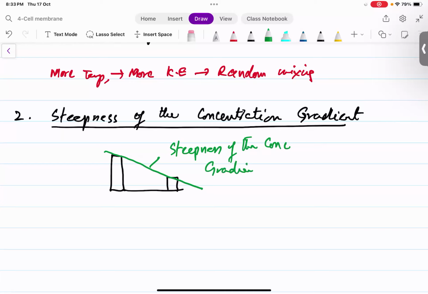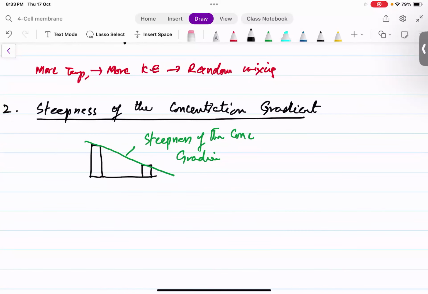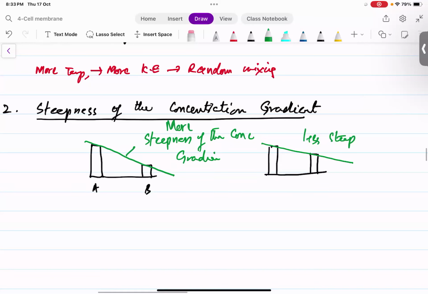If the concentration of the same molecules at region B increases, even if the concentration at A remains the same, the concentration gradient becomes less steep. So this is a less steep concentration gradient, and this is a steeper concentration gradient.